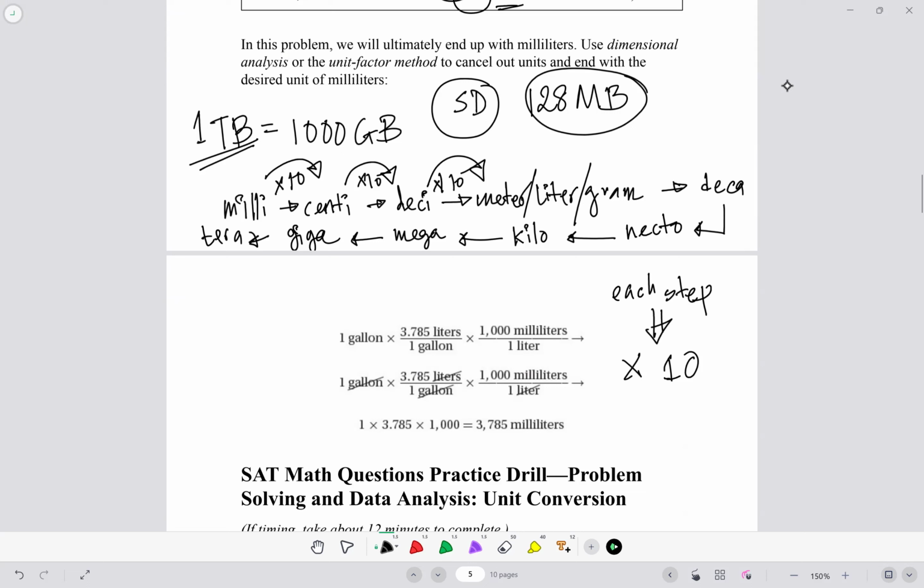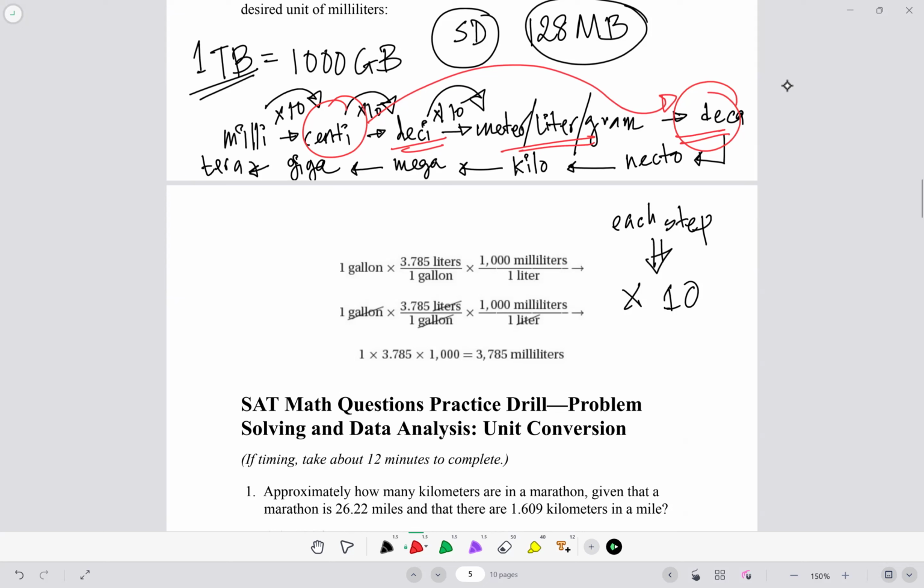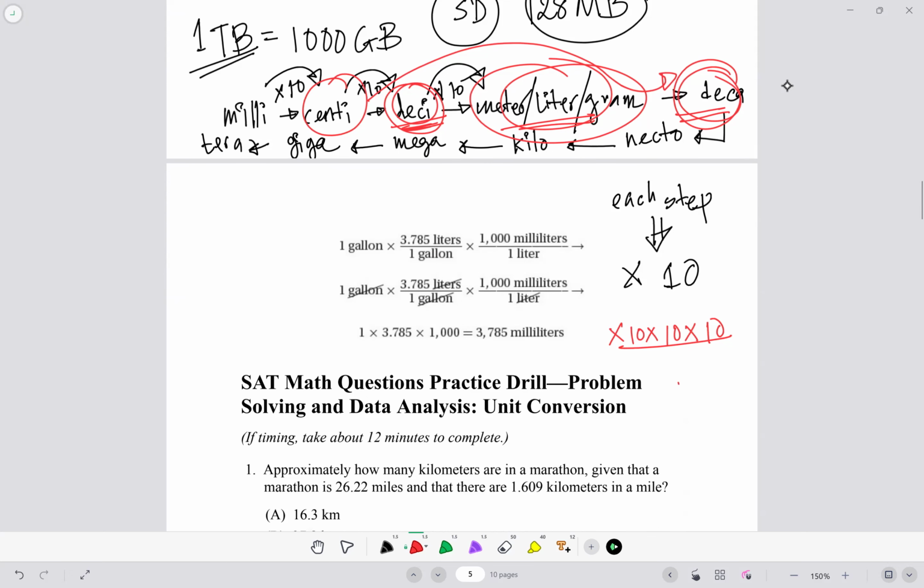If you want to skip steps, for example going from centi to deca, that is 1 step, 2 steps, 3 steps. So 3 steps means 10, 10, 10. So it means that 1 deca... I'm sorry for my bad handwriting.